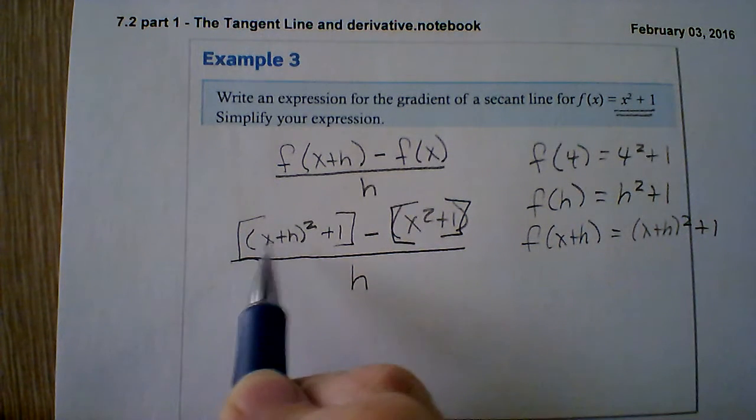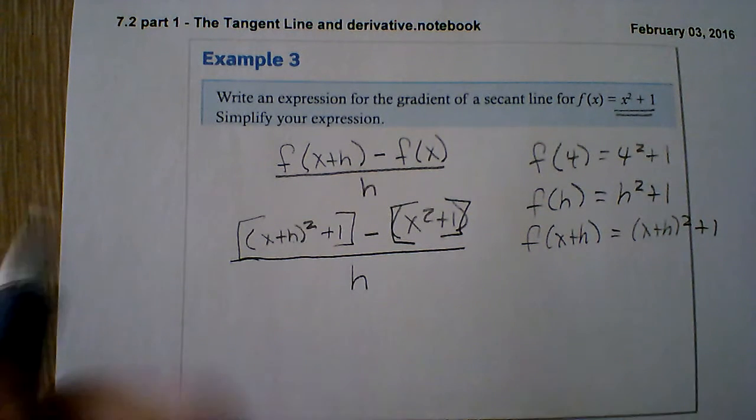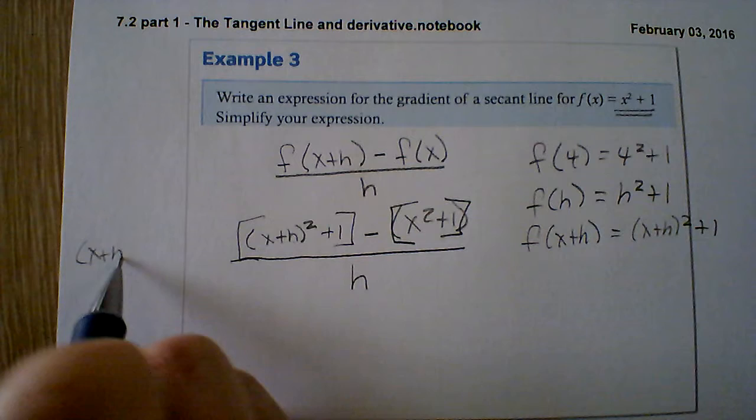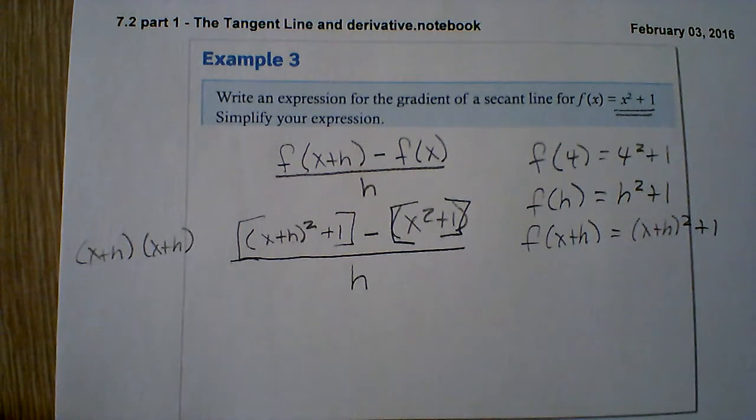All right, so let's simplify this. X plus h times x plus h, right? This is not x squared plus h squared, and if you write x squared plus h squared, I'm going to go bang my head against the wall, okay? It is x plus h times x plus h.